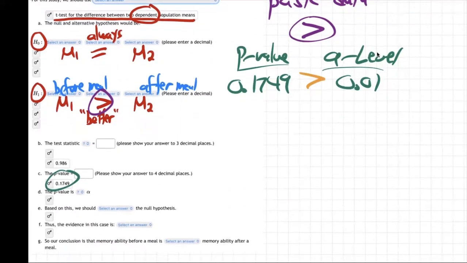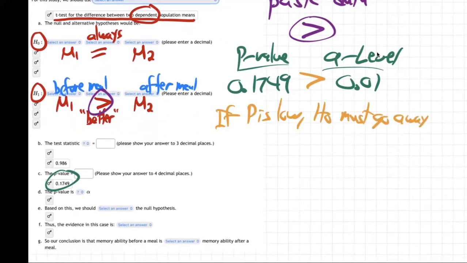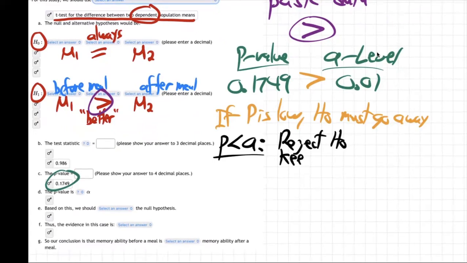You remember: if P is low, H0 must go away, right? So if you have P value less than alpha, that would mean reject H0, keep H1, strong evidence. But that's not our situation.